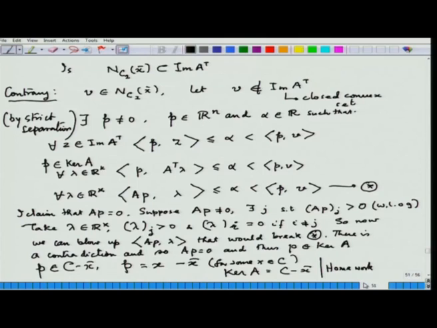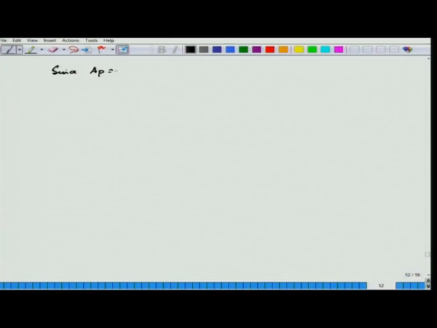Once I have AP equal to 0, I will get P of V strictly greater than 0. Since AP is equal to 0, we have PV strictly greater than 0, but P is equal to x minus x bar. Therefore V of x minus x bar is strictly greater than 0.